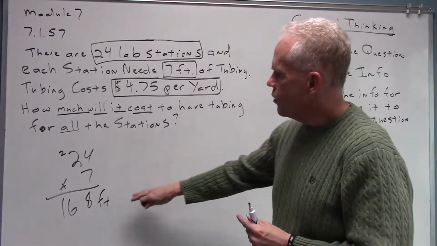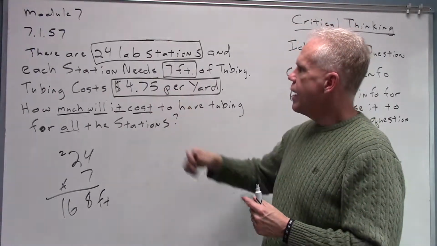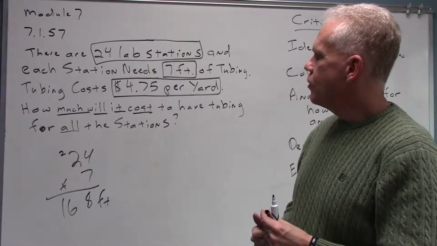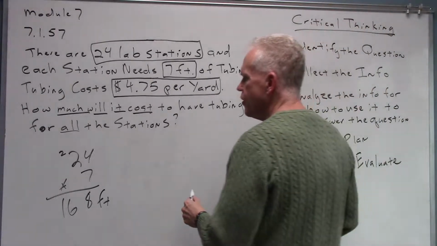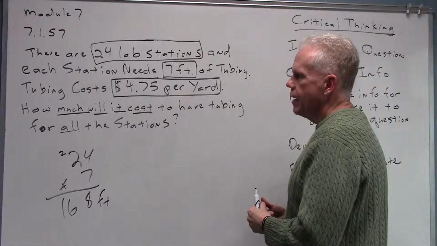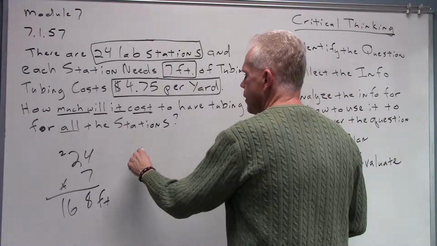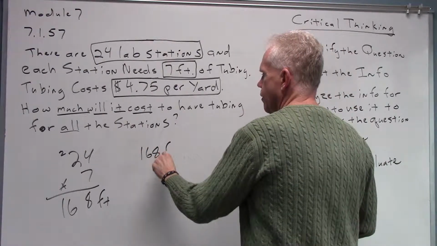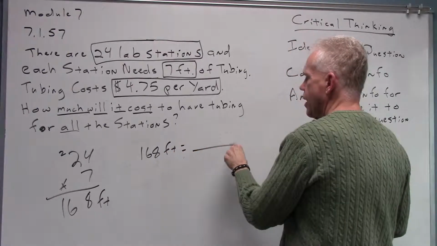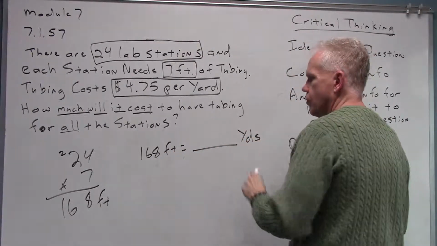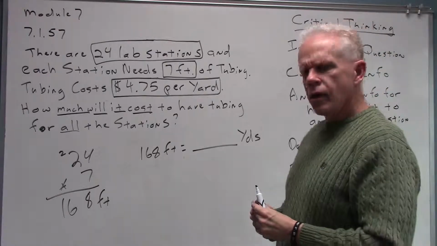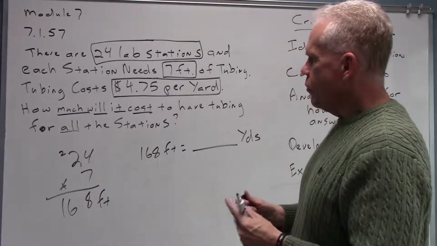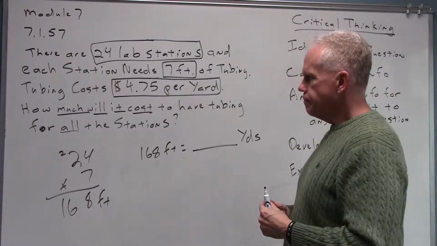Now again, that's how many feet of tubing I need. I want to find out how much that's going to cost, but my cost is set out per yard. So my second piece in my plan is to change my 168 feet equals how many yards? I realize there's 3 feet in a yard.